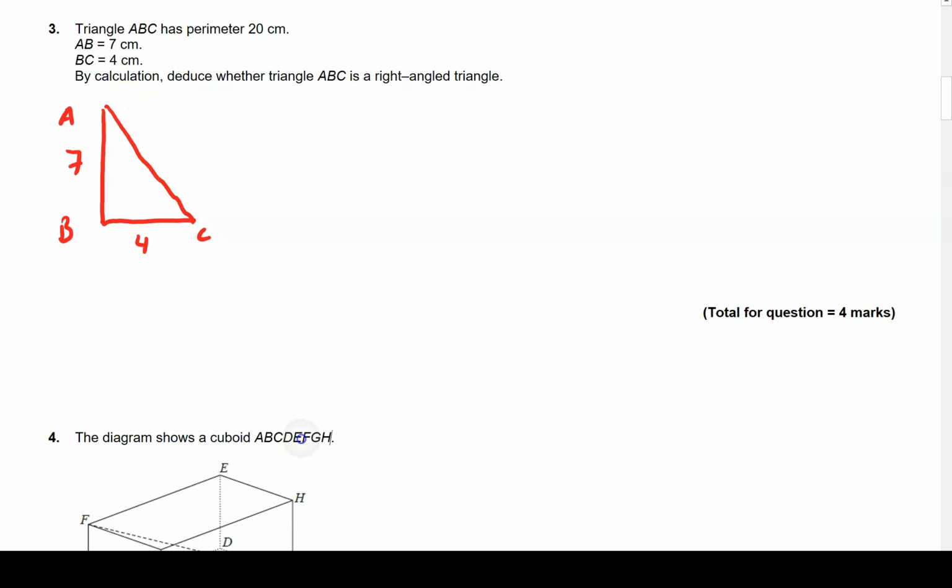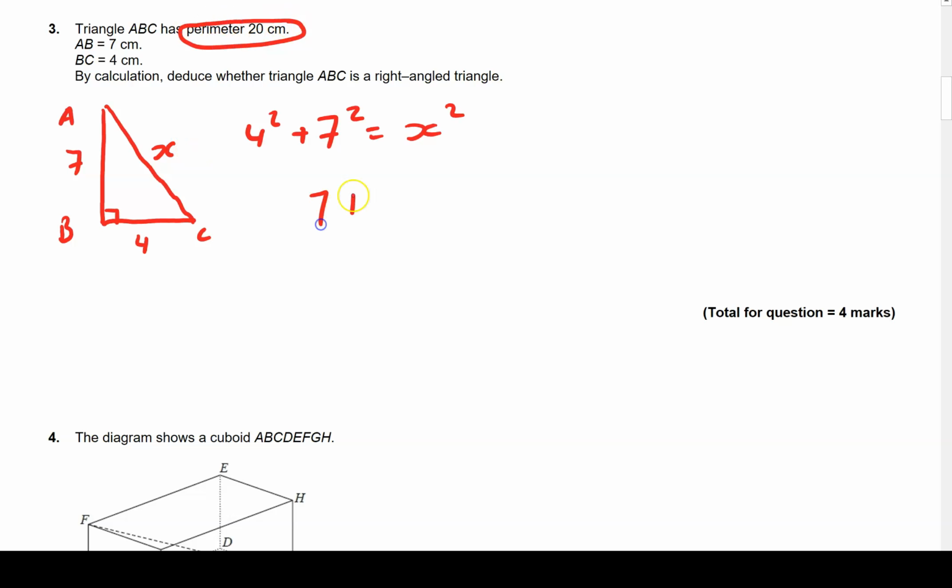So if it's right angle, 4 centimetres plus 7 centimetres is x squared. Now we've got to work out what x is, and we're going to do that using the perimeter.